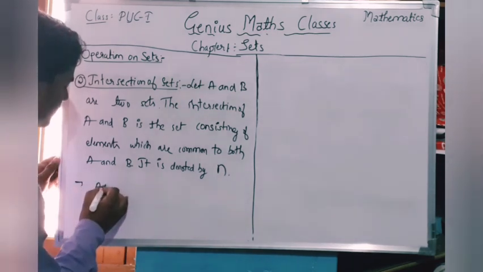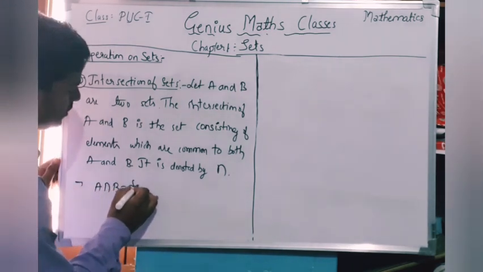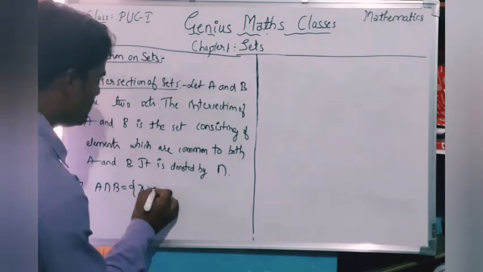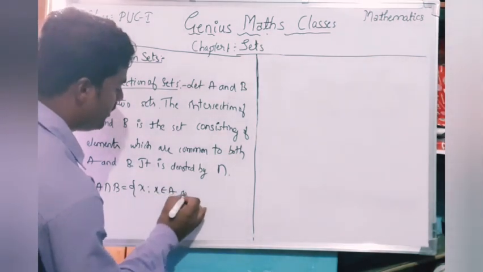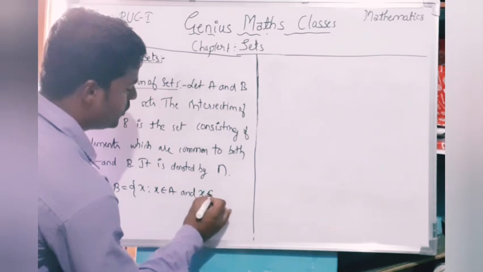In mathematical notation we can write A intersection B is {x such that x belongs to A and x belongs to B}.